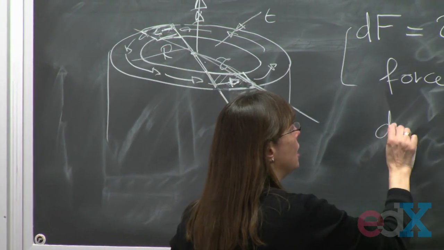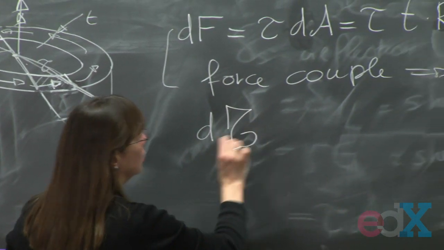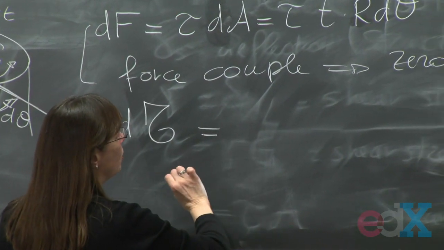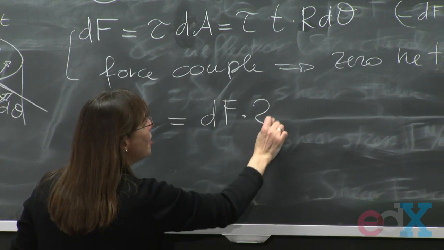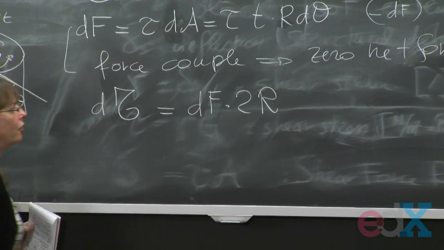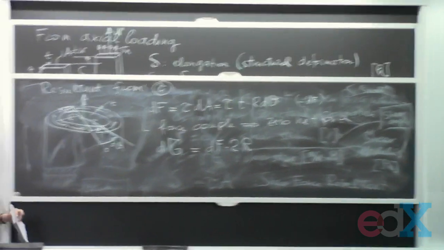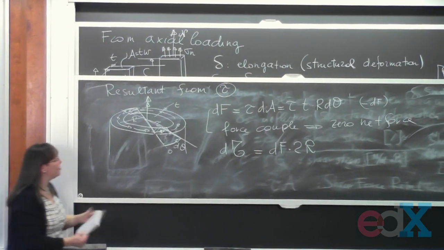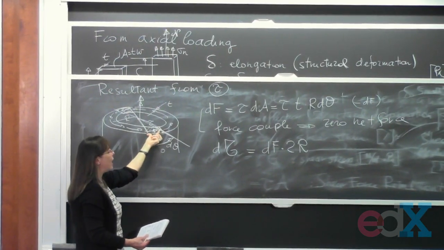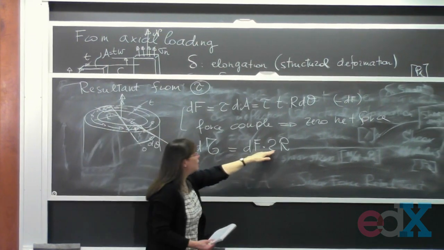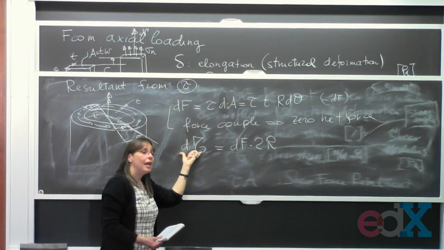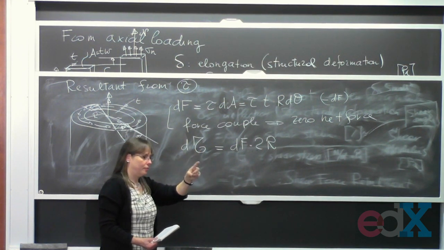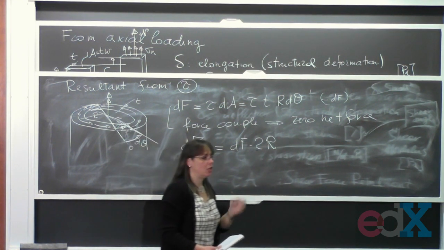So I get a d torque, which is equal to the dF multiplied by the arm of this force couple. The magnitude of the force is dF, the distance is 2r. I get this elementary torque. This is a moment. It's a torque.